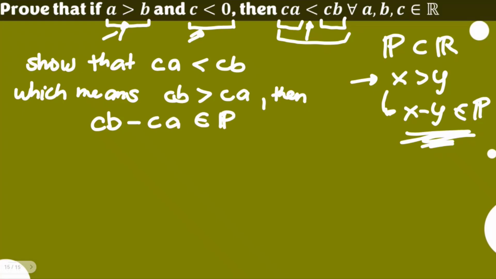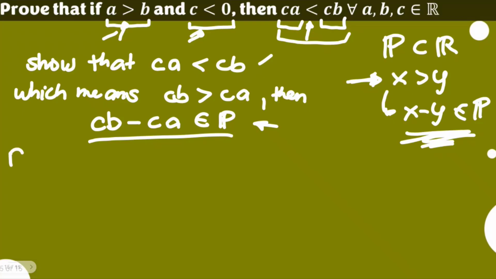Again, don't be confused with that. Since this is what is given, CA is less than CB, or our intended goal, we can restructure it following this definition and claim that this is true, because this is only true if CA is really less than CB. And if we could come up with our proof reaching to that, then we can say that this is true and this is also true here. So take note of that as part of our guide.